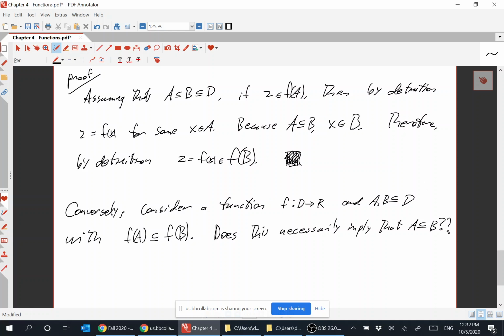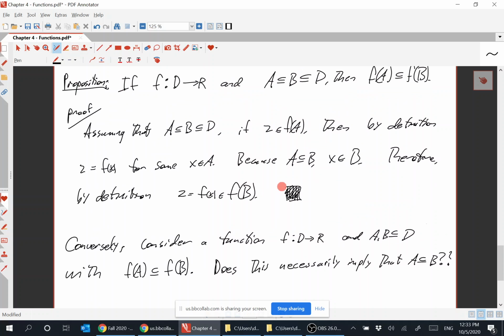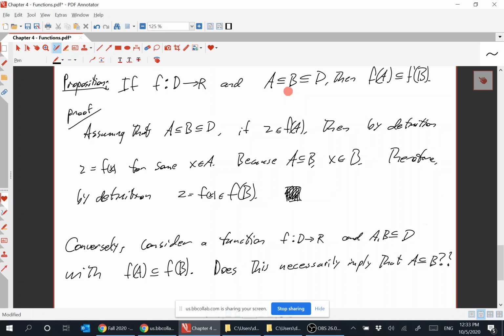Not that it might happen, or that it could happen. Does it always happen? Here we're saying if A is a subset of B, then f of A is a subset of f of B, always. Now we're asking, if f of A is a subset of f of B, does it imply that A is a subset of B? Always.